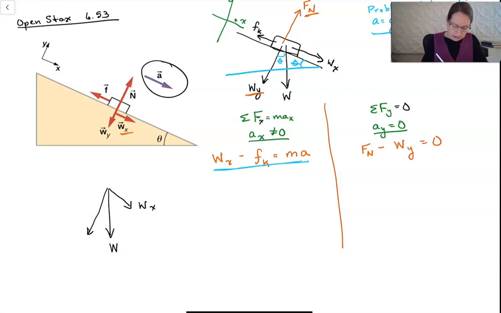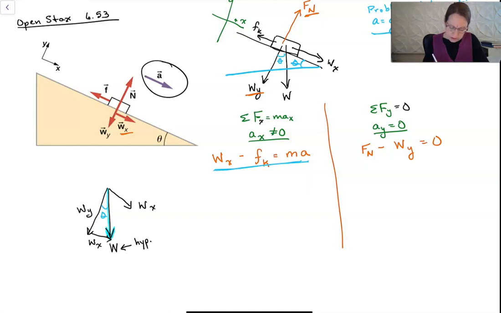I'm going to label this w_x, and this is my angle theta. Then I can realize that the force I want to find the components of is always the hypotenuse. So the W is the hypotenuse.